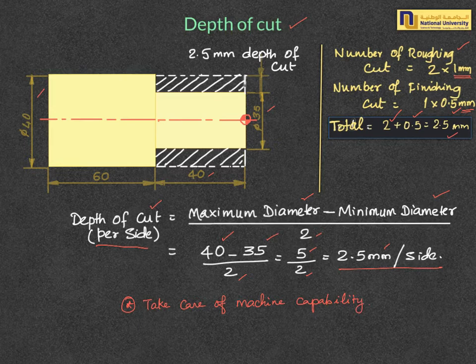You have to reduce the depth of cut. If the machine is capable of making a larger cut of 2 millimeter, then accordingly we can plan one cut with 2 millimeter and another cut, the finishing cut, with 0.5 millimeter. It all depends upon the machine capability. So you have to take care of the machine capacity or machine capability while designing the roughing and finishing cuts.